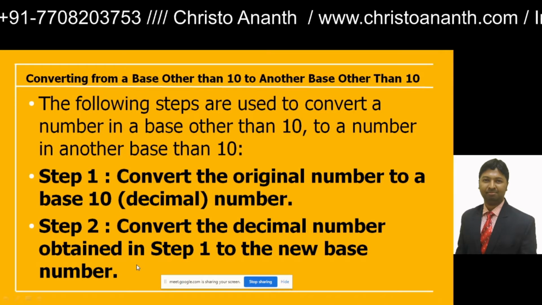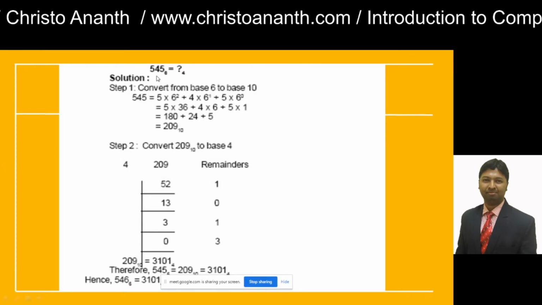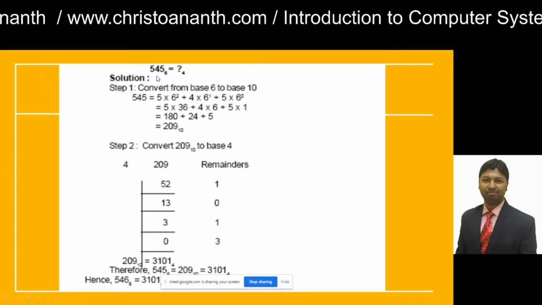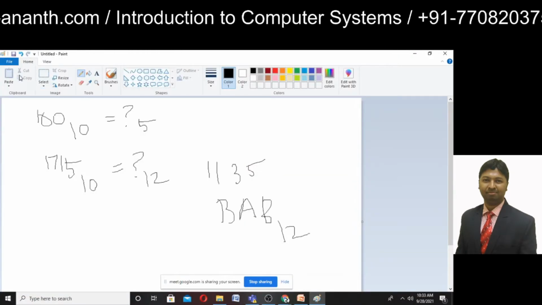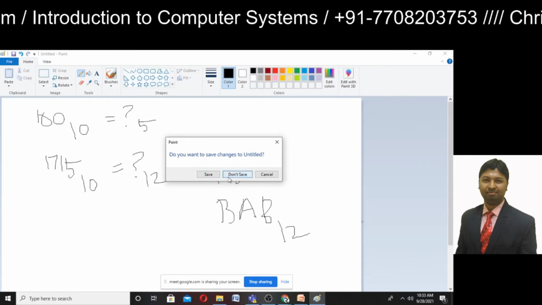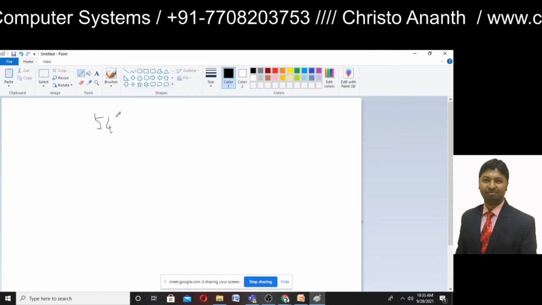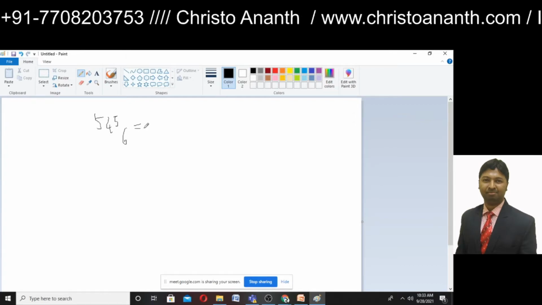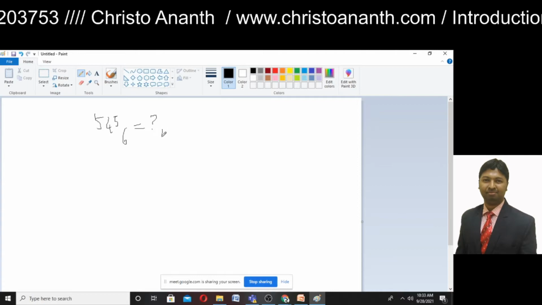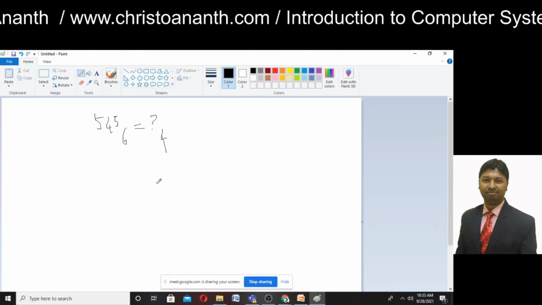I'm going to show you an example. 545 to the base 6 equal to what to the base 4? How do you do that?